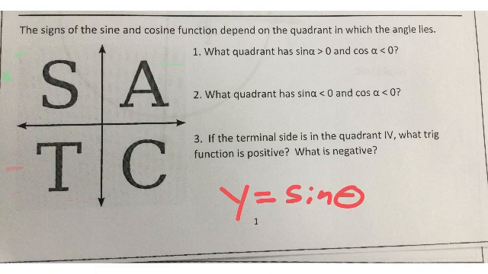So a way that we use to remember that is this acronym. We say all students take calculus. What does that mean? It means in the first quadrant, all of my trig functions are positive. Every one of them. In the second one, students, only sine is positive.